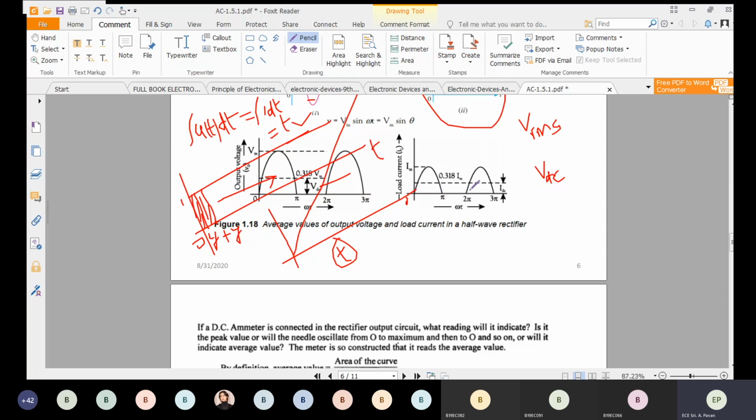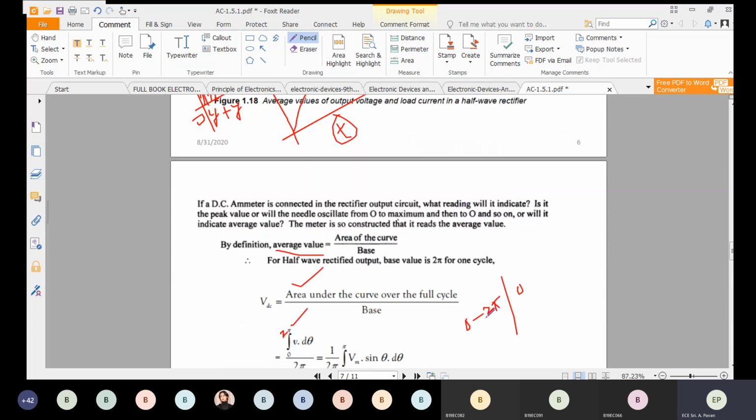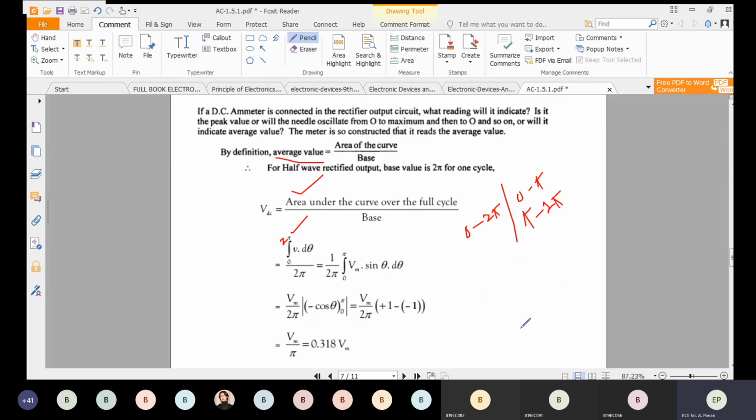From pi to 2 pi it is 0. So from 0 to pi it is the same as the input, and from pi to 2 pi it is 0. That's why it is better to take the integration from 0 to pi itself. So if you solve that integration and divide with 2 pi, this is what you're going to get, right?